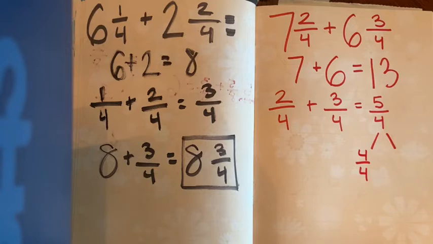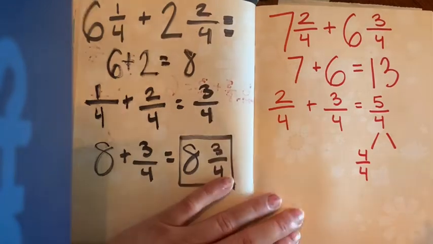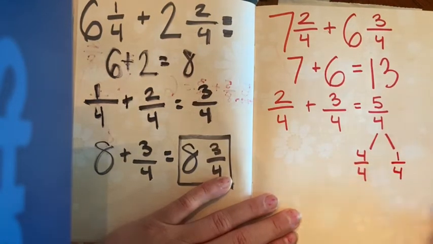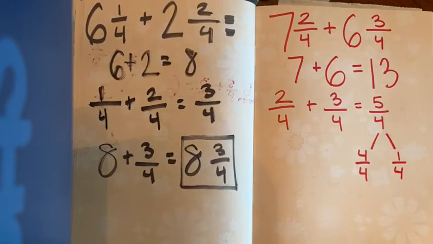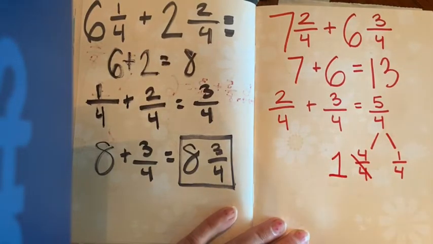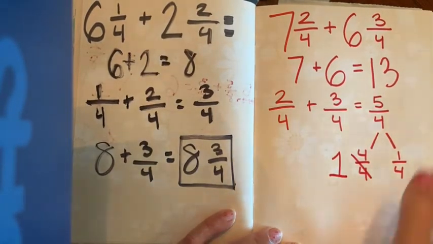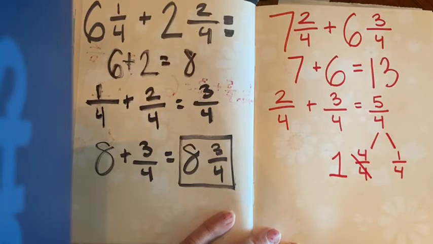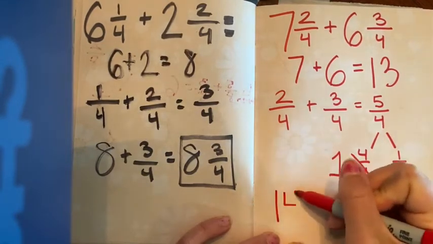When we take away 4/4 from 5/4, what do we have left over? Yes, we have 1/4 left over. Good. So I'm going to change 4/4 into a whole number because I know that's what it can be equal to. And I'm going to add that back to the 13, giving us the whole number of 14.